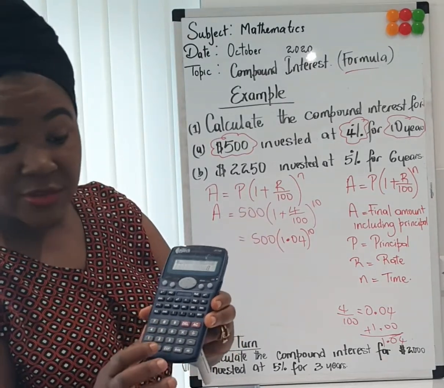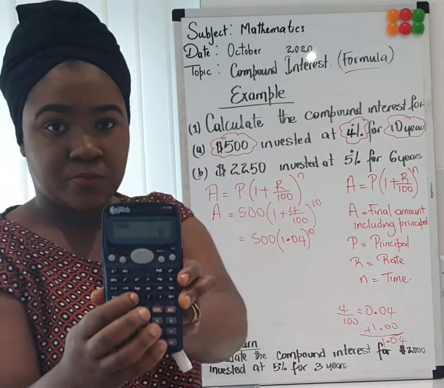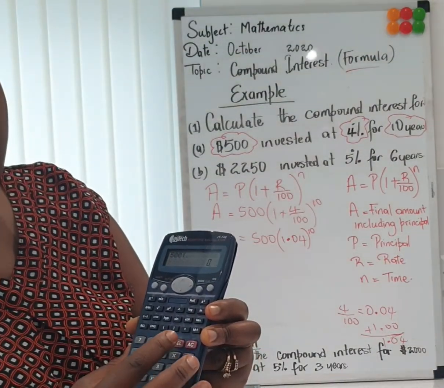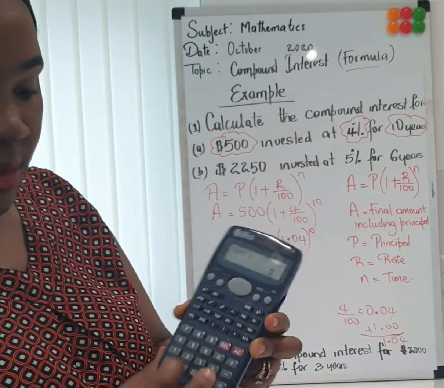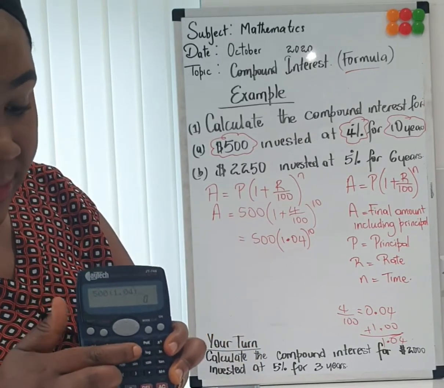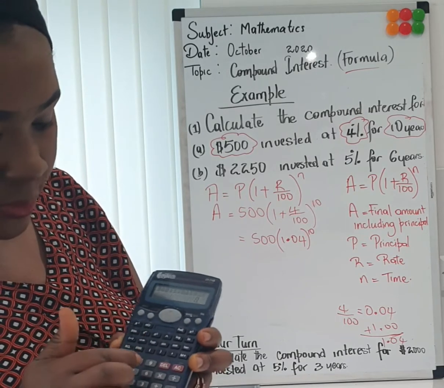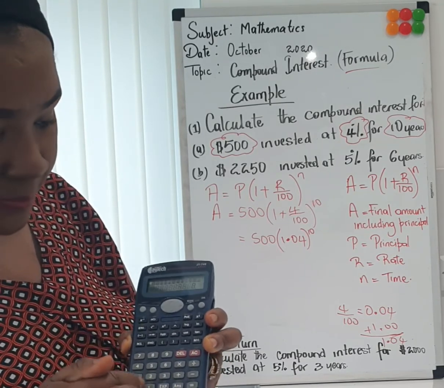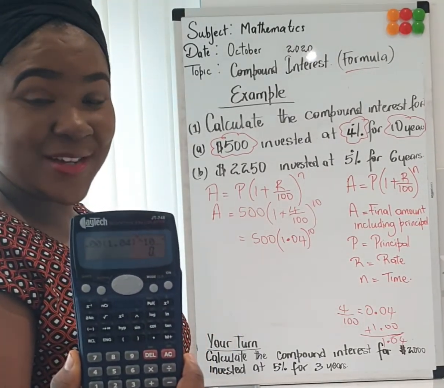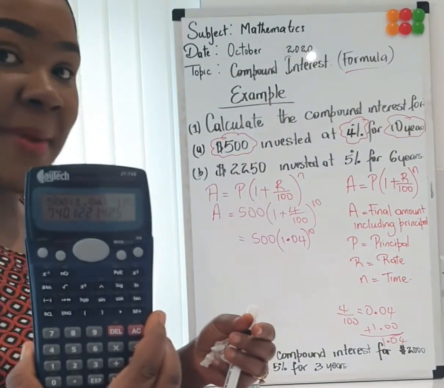That's 500, open bracket, 1.04, close bracket, then I press this button here, and then I press 10. I hope you're able to see all of that information. Good. I press equal, and that gives me my answer.